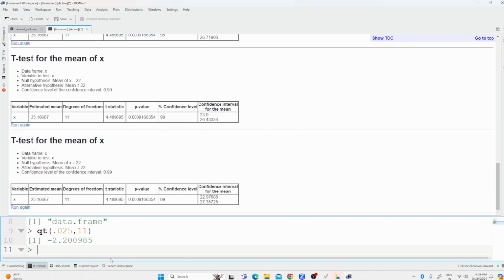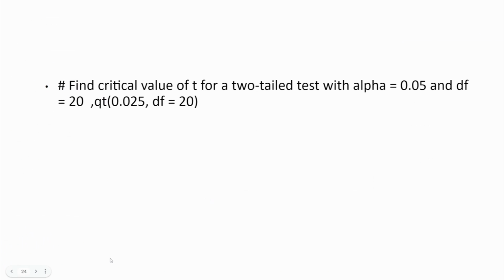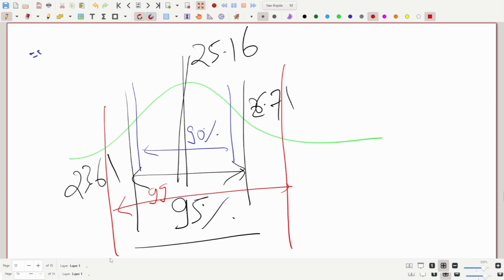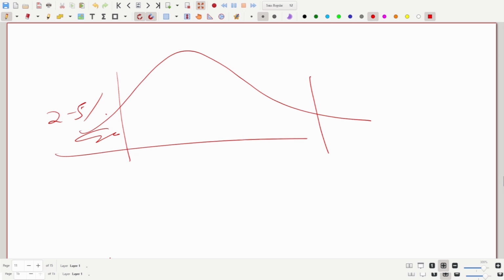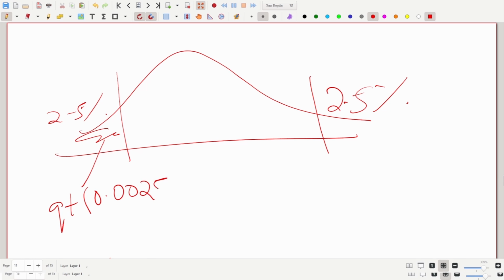See, we have got this thing as 2.5% and here this has 2.5%. So, this is qt 0.025 into df, and can anybody tell me what is this?